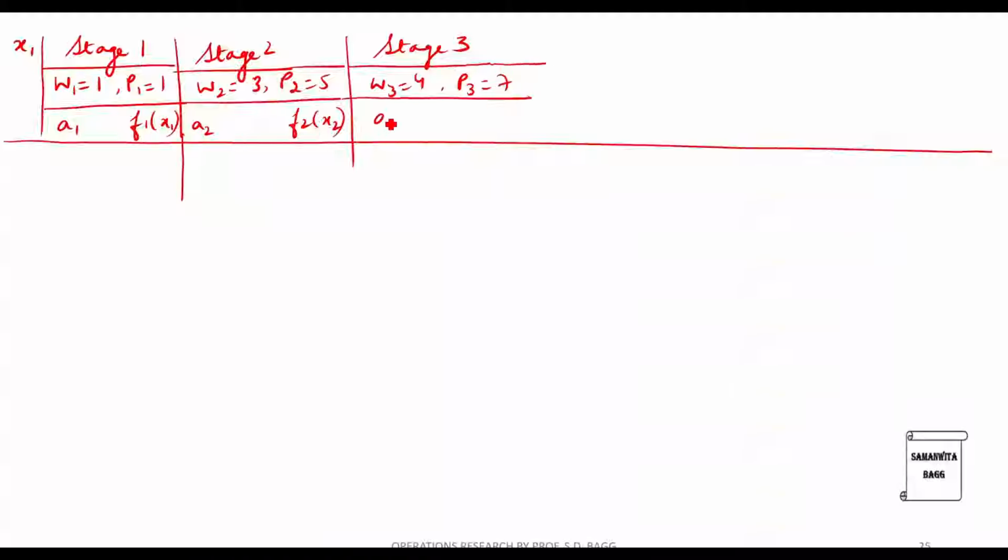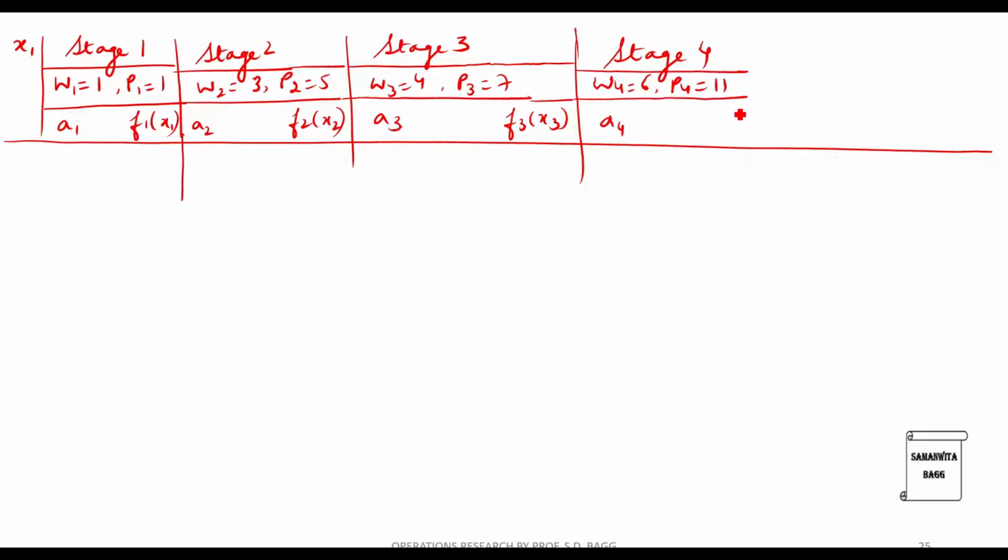So here I'll write down A3, F3(x3). Then I'll write down stage 4. We have W4, the value is 6, P4 is 11. So here I'll write down A4 and F4(x4).